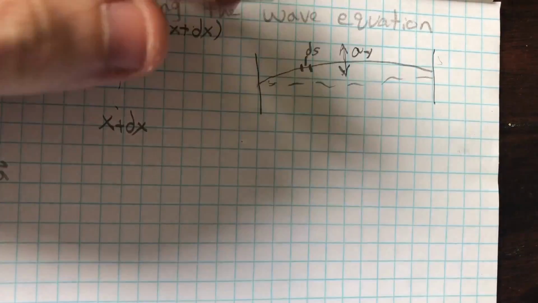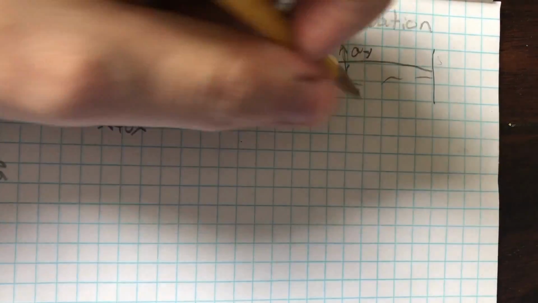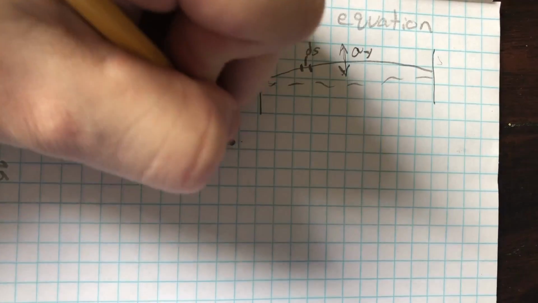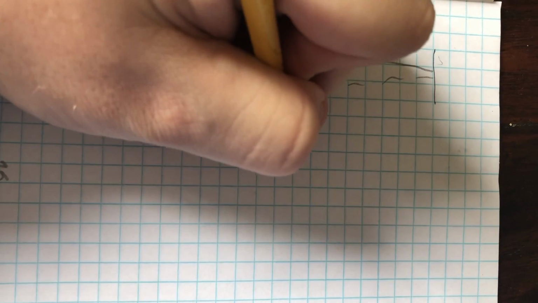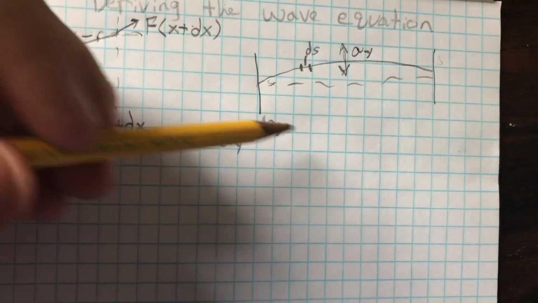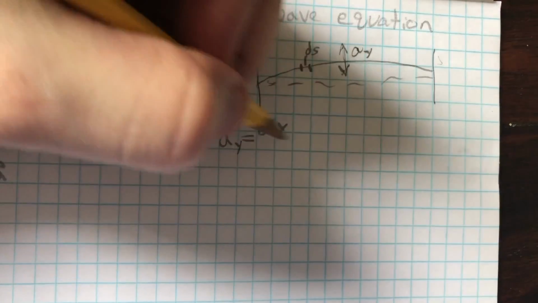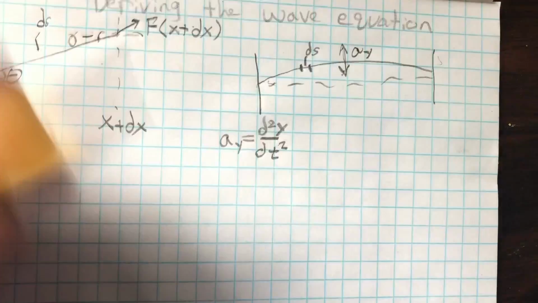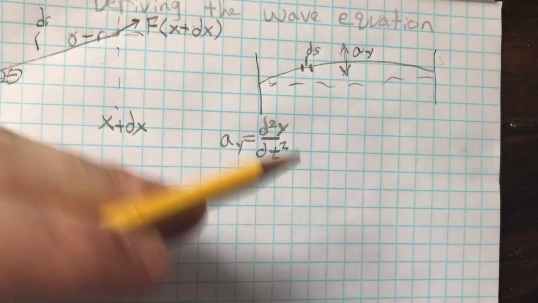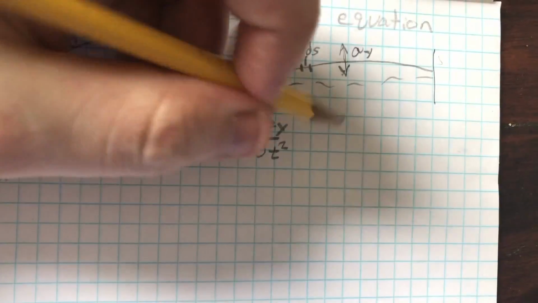So we can conclude that a_y is equal to the second derivative of y, some function that describes this, over dt squared. So this is saying that this is acceleration here.